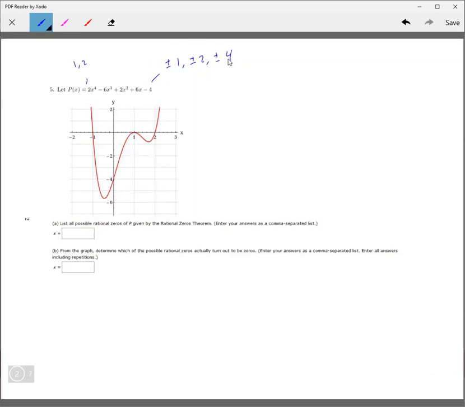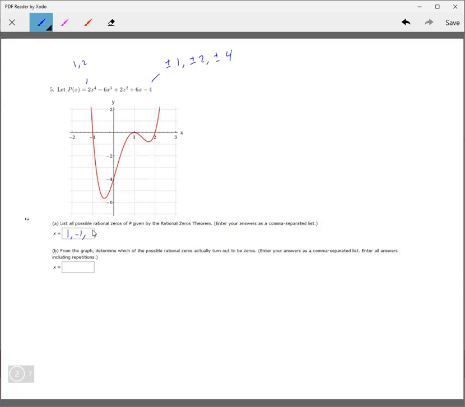Now, the way that I like to do it is I put plus or minuses here, but I don't over here. Technically, I should, but it doesn't really matter because they're just going to be duplicates.